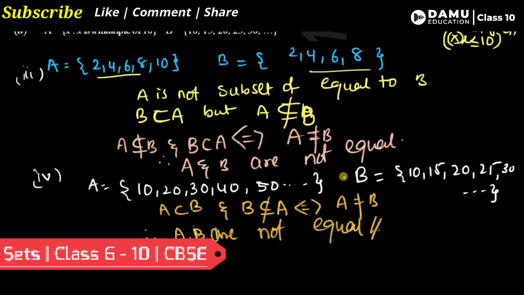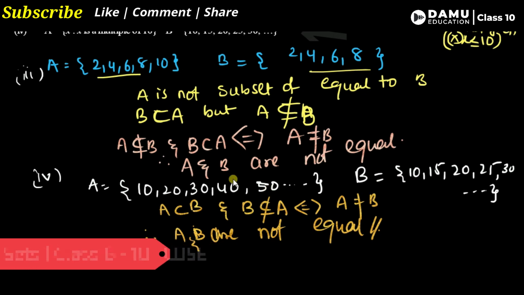So this is the way to find it: if any one condition is not satisfied, then we cannot agree that they are equal.